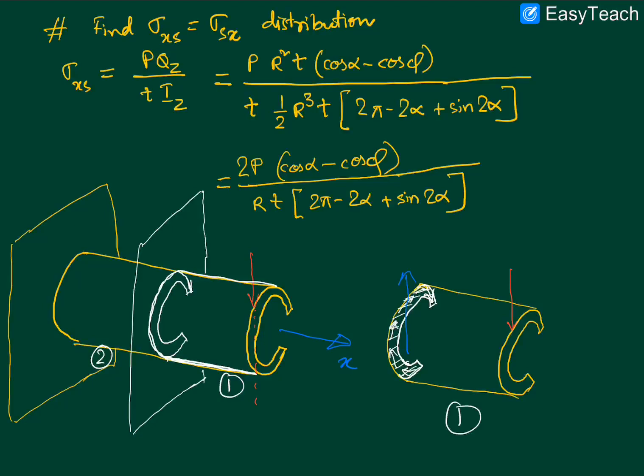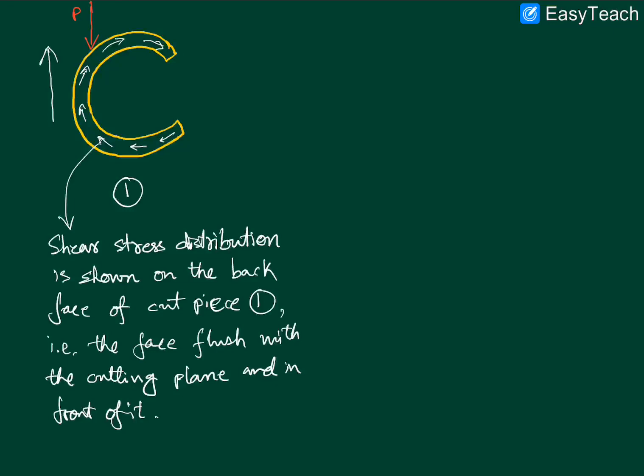So for the cut piece 2, if we go to the next page, let us draw the front view looking into the x-axis for this cut piece 2. You understand that this is my cut piece 2, and this face that I'm looking at is the front face of the cut piece 2, which is flush with the cutting plane.